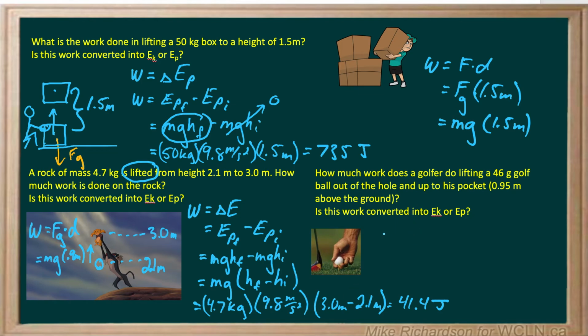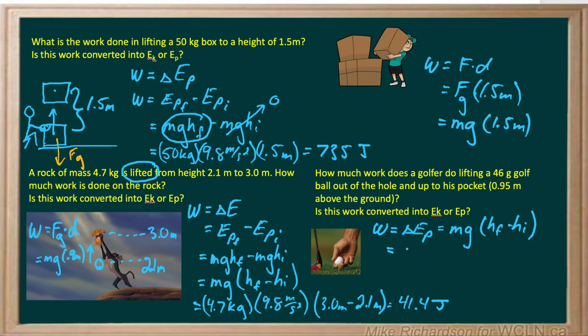Very last question, very, very similar. We're taking a golf ball and we're lifting it out of the hole. So once again, we'll use change in potential energy because that's what we're giving it. We're not giving it kinetic. So it's mg, h final minus h initial. The mass is in grams. It must be in kilograms.